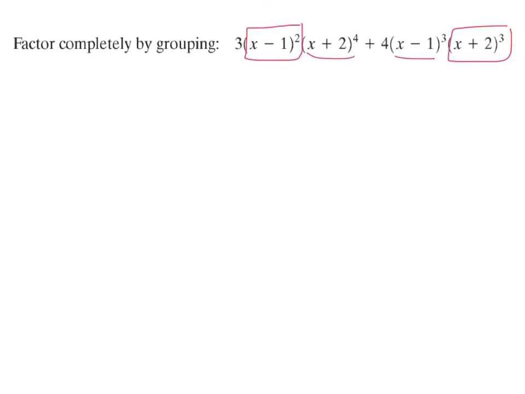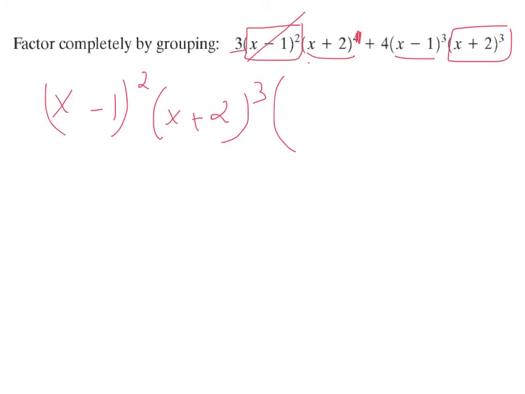So here we have x minus 1 squared and x plus 2 cubed as a common factor. And we take x minus 1 squared, and from the x minus 1 cubed we're going to have only x plus 2.